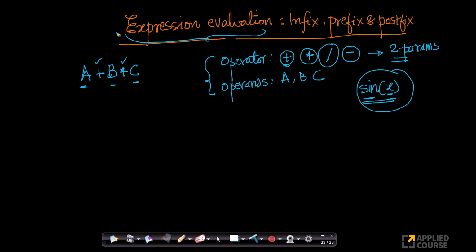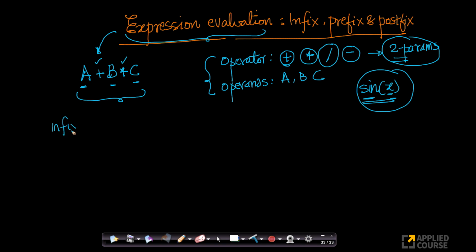Imagine we are evaluating arithmetic expressions where we have only two-parameter operators. Okay, let's assume that. Now, suppose you are writing some program, and in the programming language you write something like this, with A, B, C being three different variables with some values in them. This notation is called infix.